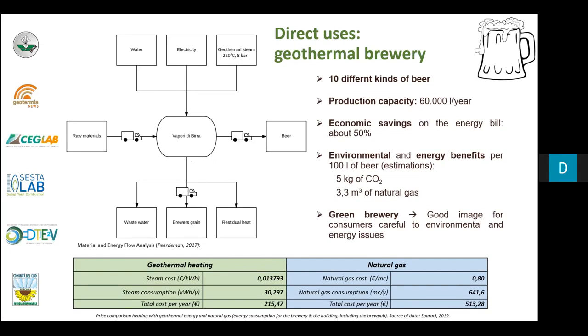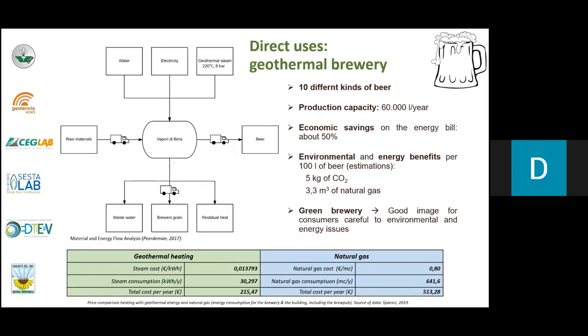And yes, the geothermal brewery has a production capacity of 6,000 liters per year, and the geothermal energy can allow to achieve economic savings in the energy bill, as you can see in the table here below in this slide.